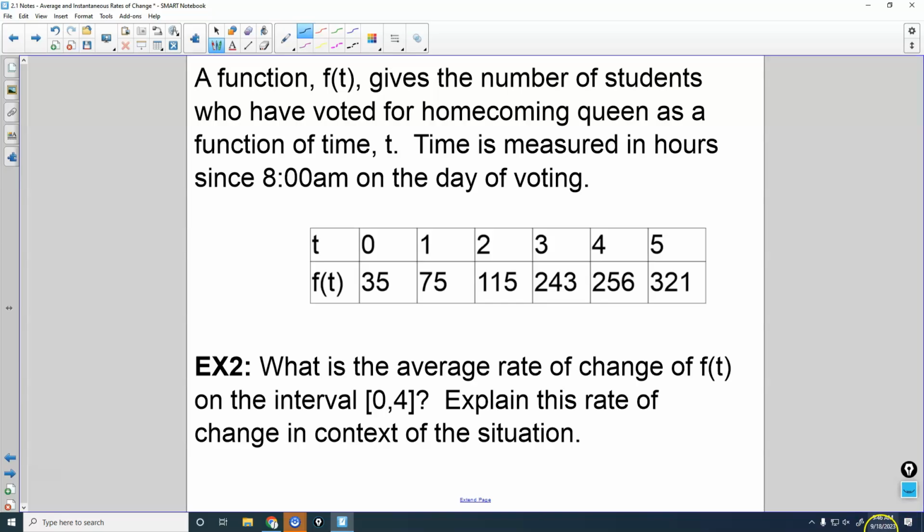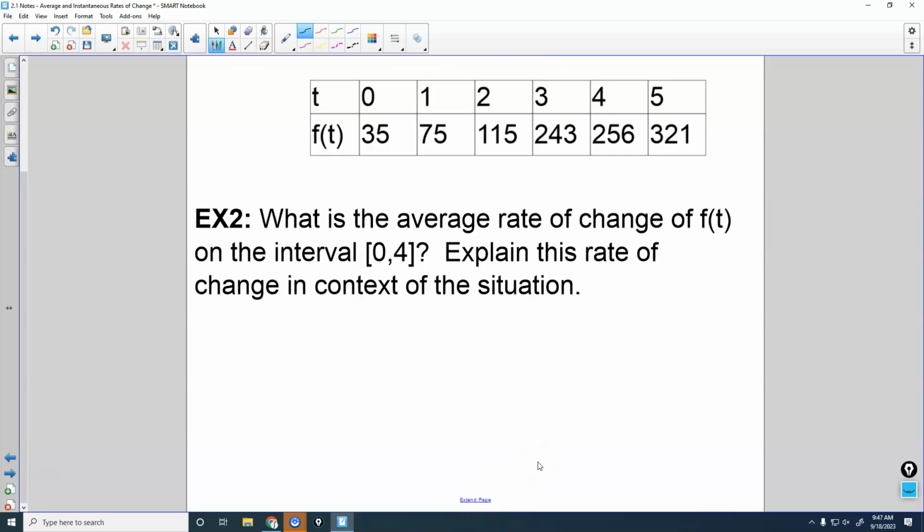We're about out of time, so has anybody got it yet? I think 13 is still low. 55.25. What did you do? Okay. All right. So we're looking just from 0 to 4, right? So how many votes did we have during that time?